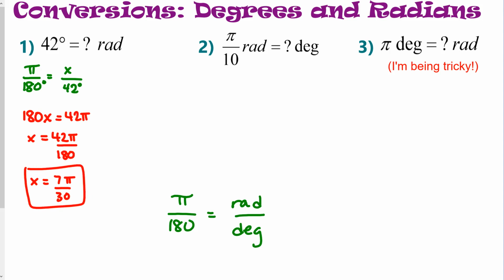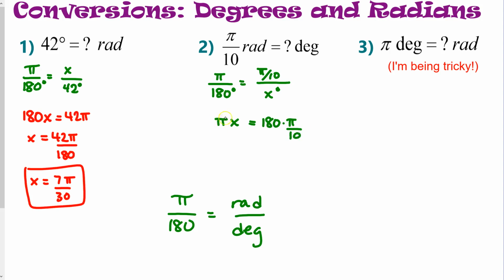Okay, for the next one we're given the radian measure and we want to find the degree measure. So we'll start with our proportion. Pi over 180 degrees equals pi over 10 radians over x degrees. And then we can cross multiply and we have pi times x equals 180 times pi over 10.